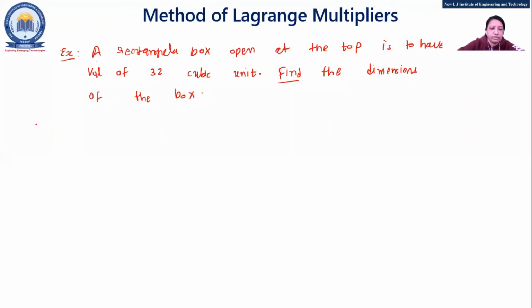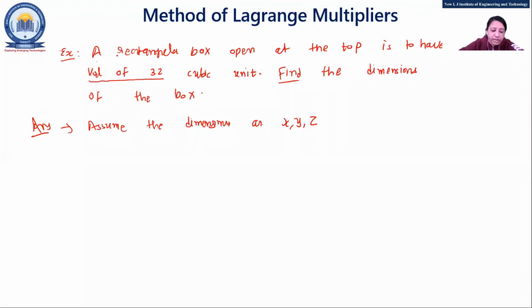So the solution of this is: assume the dimensions are x, y, z. Now, what is the relation between those dimensions? That we need to write down. One thing is given, that is volume.